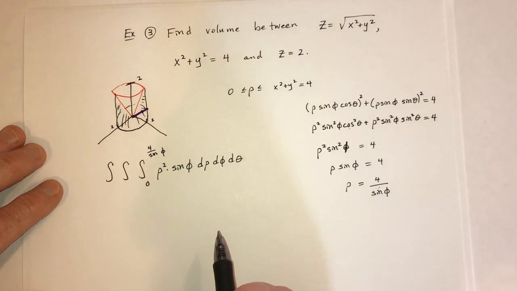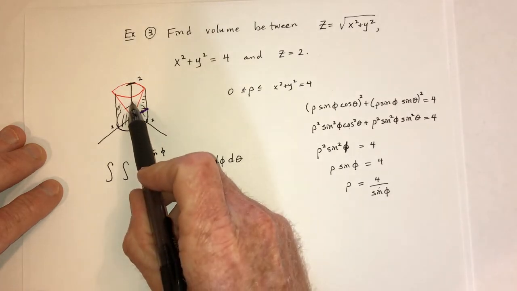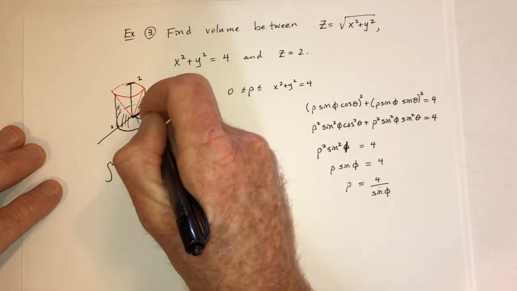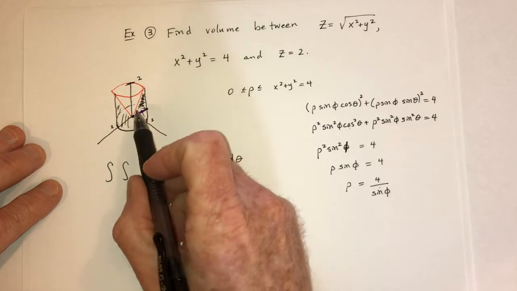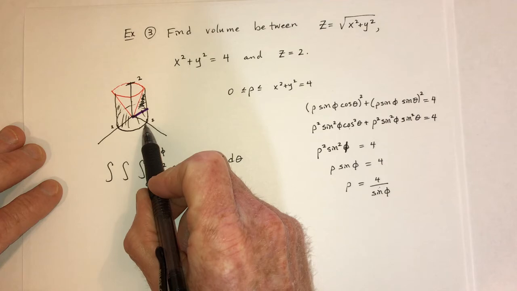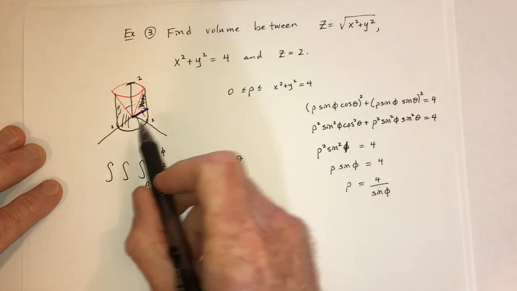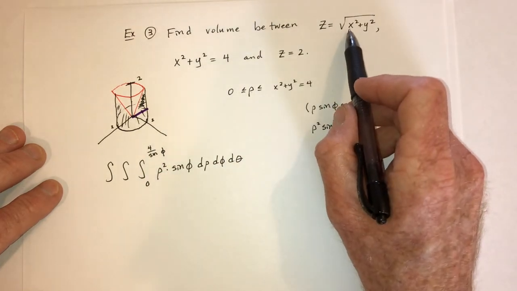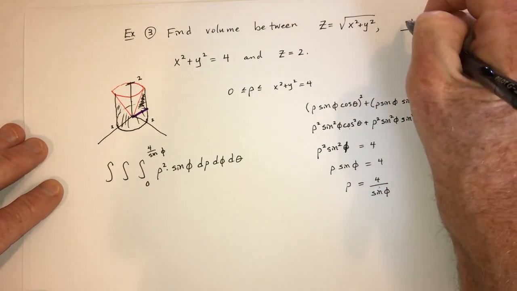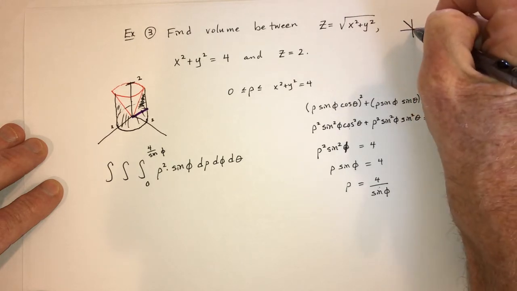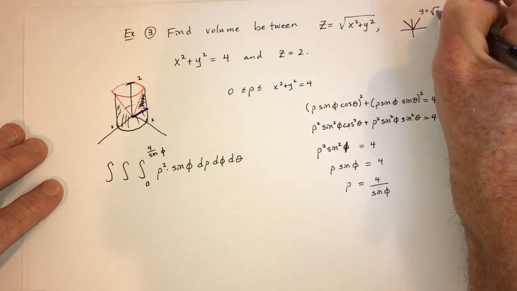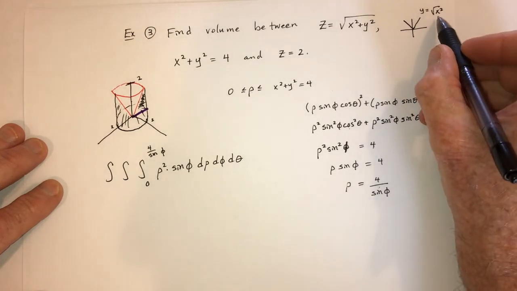and then phi. So remember the phi goes from the z-axis to the shape. So since we're talking about this shaded area over here, then it's going to go from this red line until the bottom right here. Well, because this came from z equals the square root of x squared plus y squared, so that's basically like if you were to graph y equals the square root of x squared, so that means the absolute value.